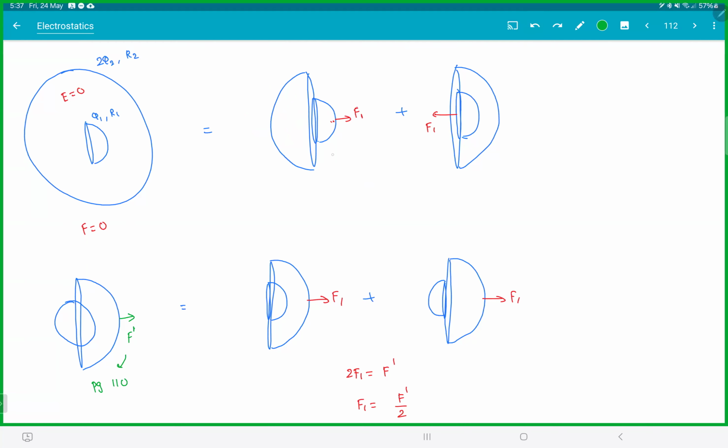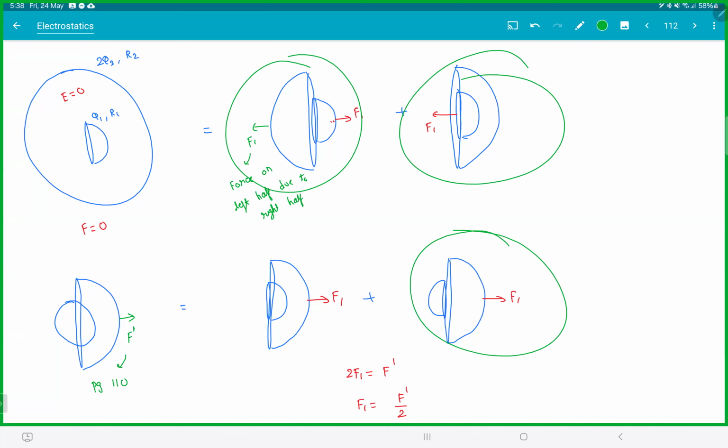So are you able to see the symmetry here? If this is F1, by Newton's third law, this is F1. This is the force on the left half due to the right half. Doesn't this look like this, and doesn't this look like this?